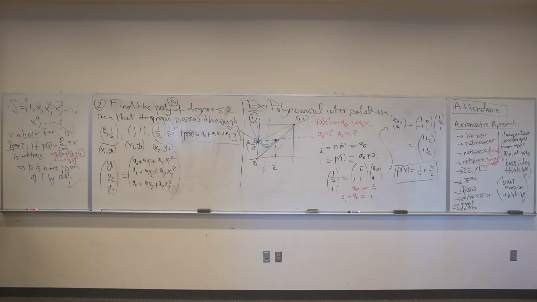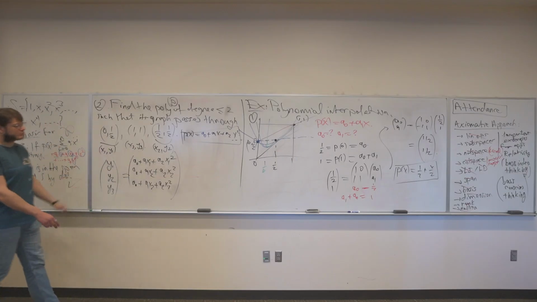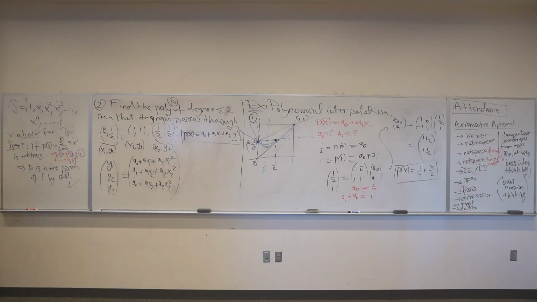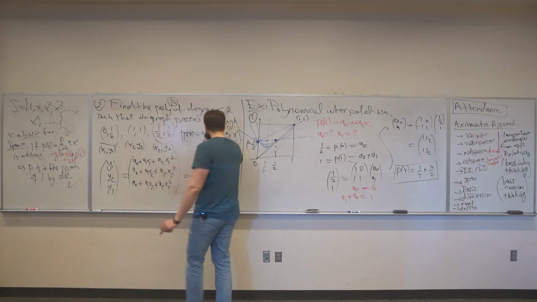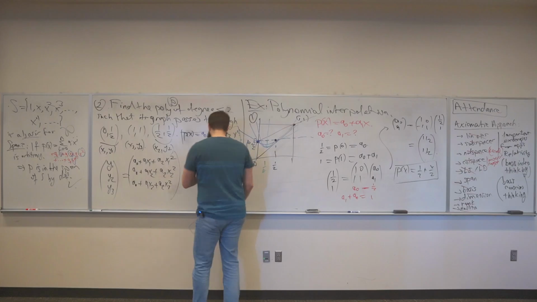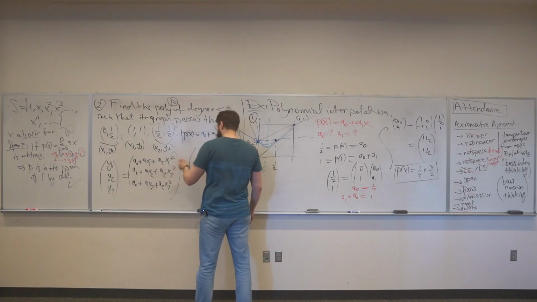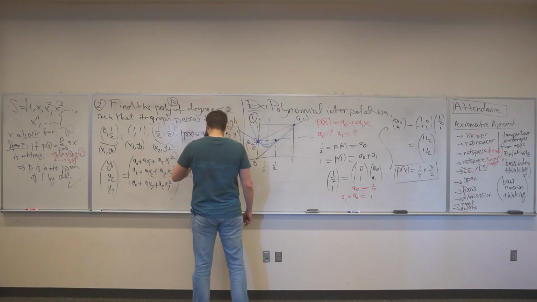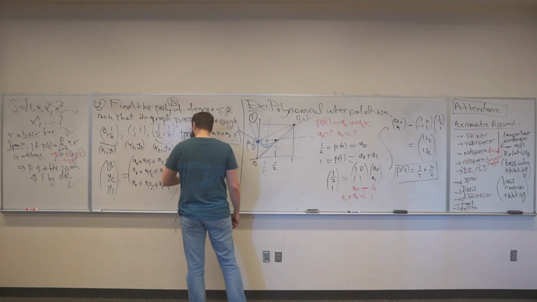I just used the idea that this polynomial has to pass through all three of these points. But of course, this right-hand side is nothing but the matrix vector multiplication. My unknowns are a0, a1, and a2. And so here you get this Vandermonde matrix that you were looking into in one of the previous problem sets.